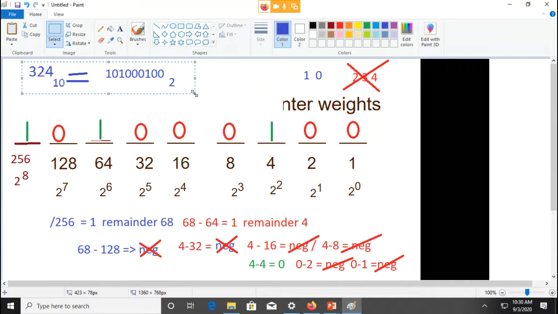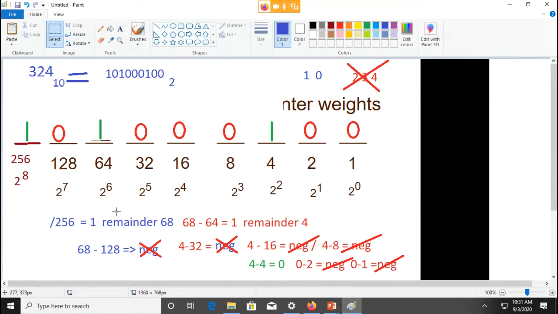The amount is like 324, but when I describe 324 in binary, I end up with 101,000,100. So that is the binary value representing 324 items.